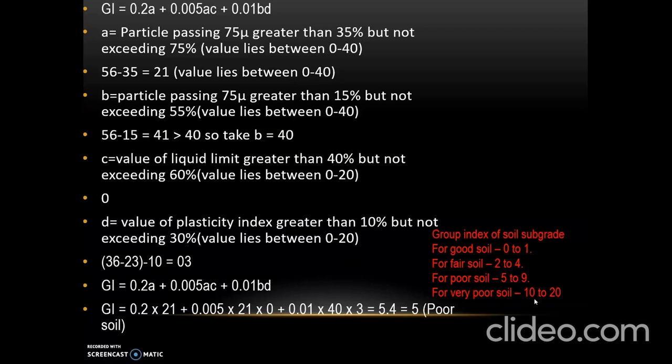And if it ranges from 10 to 20, it is very poor soil. From the calculation, we got GI value as 5. So it ranges from 5 to 9. That means it is poor soil. So by finding the value of GI, we can come to know whether the soil is good or of poor quality.